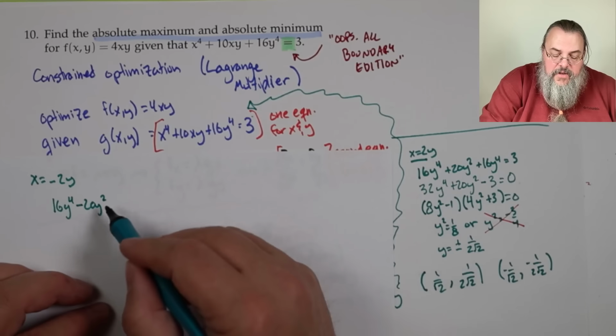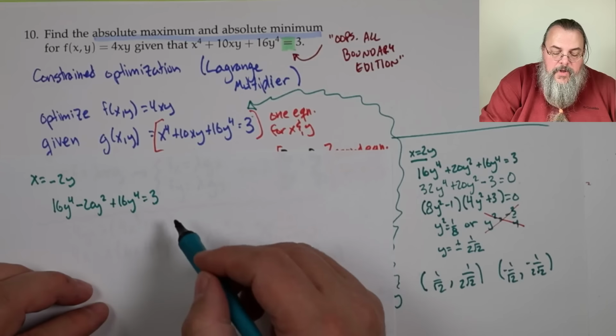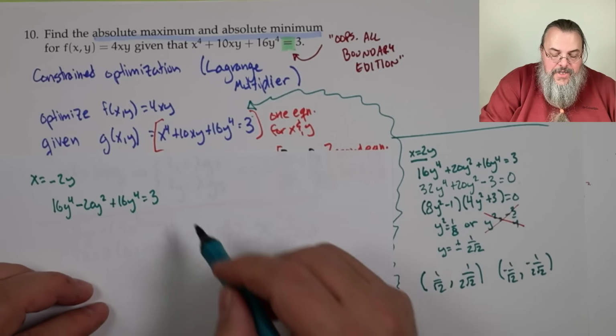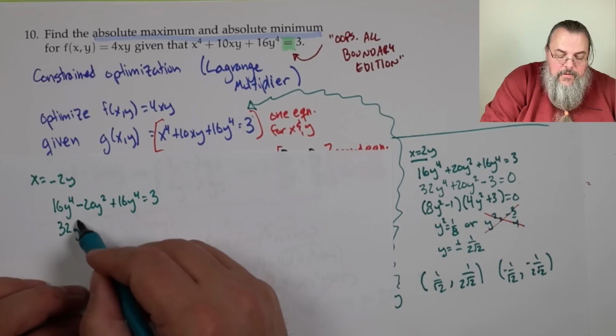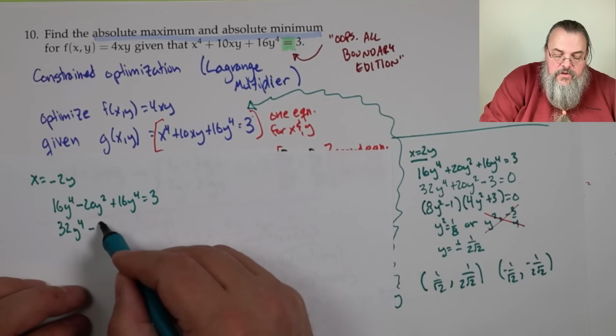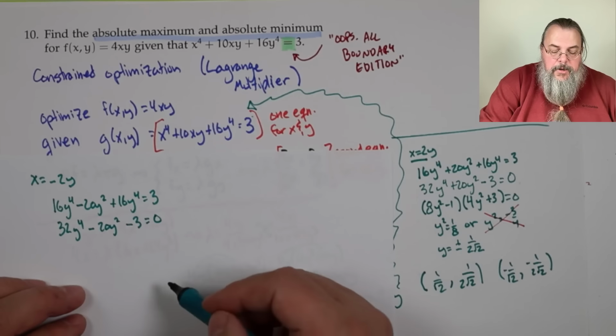Then we still have a 16y to the fourth, and then we get a 3. Rearranged, that becomes 32y to the fourth minus 20y squared minus 3 equals 0.